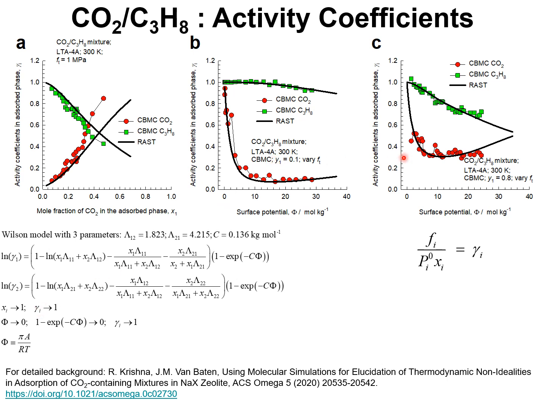For the other two CBMC campaigns, for a 10-90 mixture and 80-20 mixture, we have another requirement for the activity coefficients, and that is that as the surface potential approaches 0, the activity coefficient of both gas molecules should approach unity. This is because the surface potential also serves as a proxy for the pore occupancy.